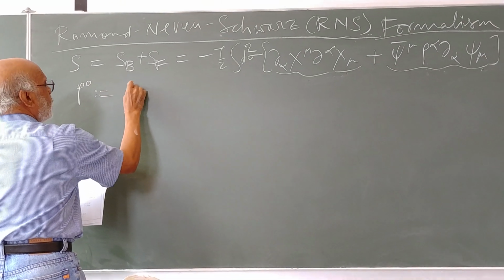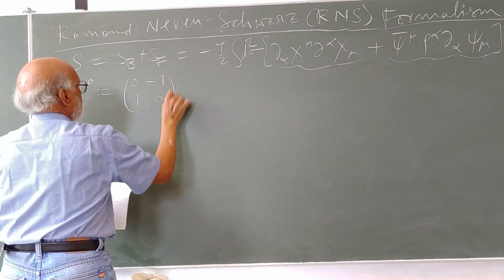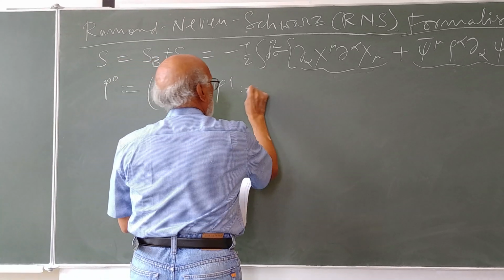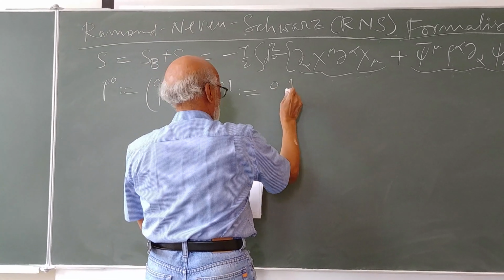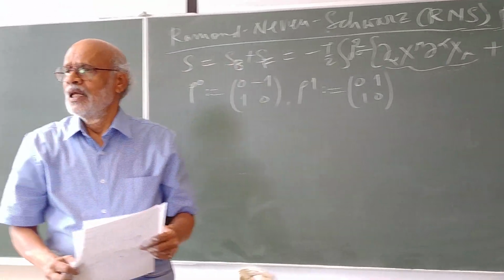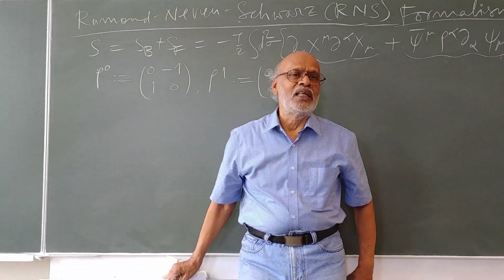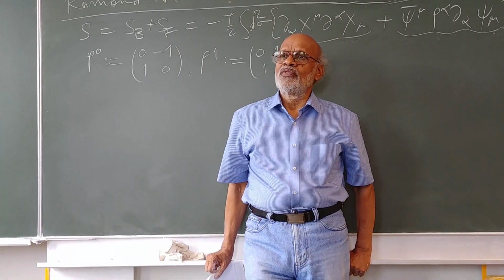So rho 0 is (0, -1; 1, 0), and rho 1 I would define as (0, 1; 1, 0). Okay. In fact, in the literature, you will find a multiplicity of representations of these gamma matrices.